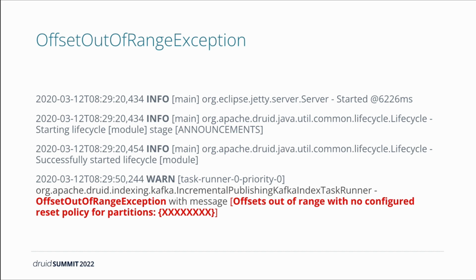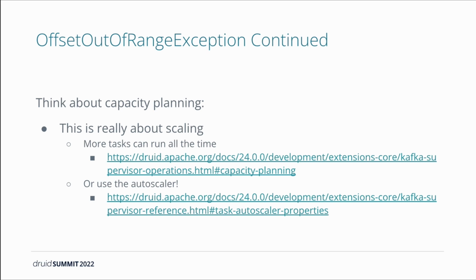So what to do about this? Some common sense preventative things can help. Increase Kafka topic retention or increase ingestion capacity. Think carefully about capacity planning to determine the scale you need and how many tasks you need.